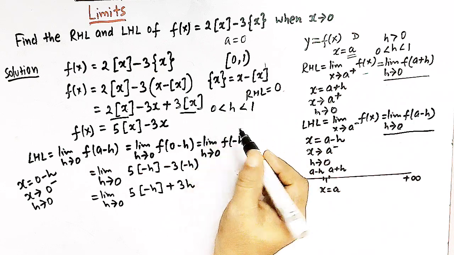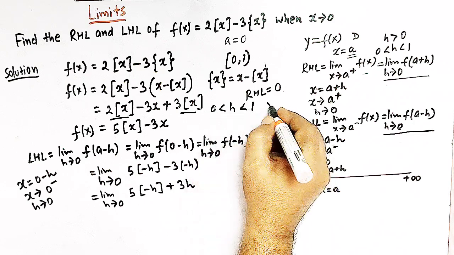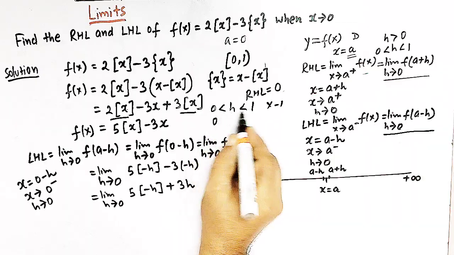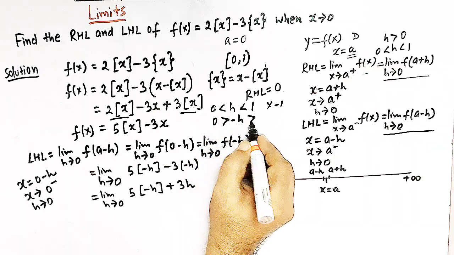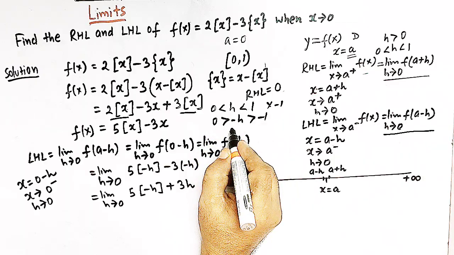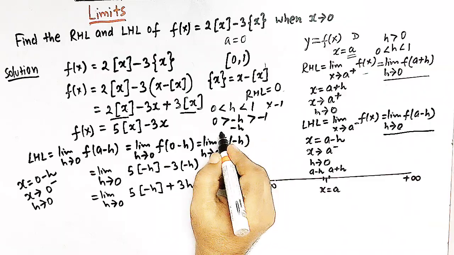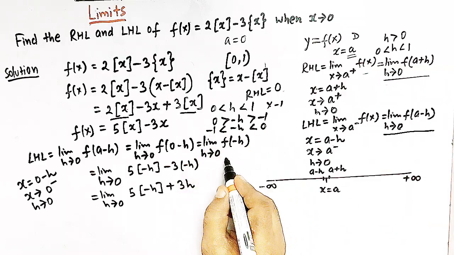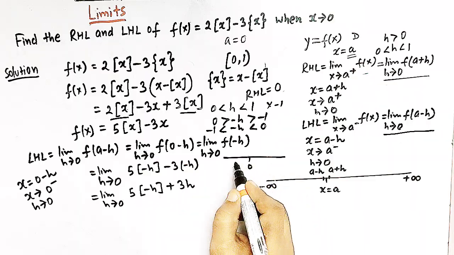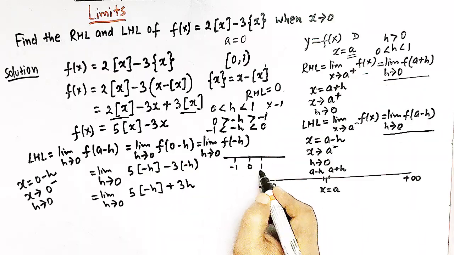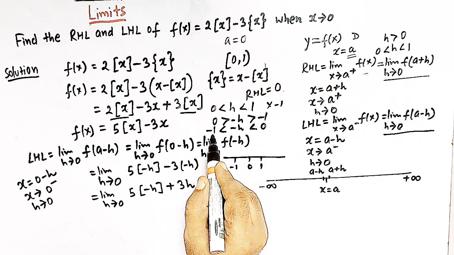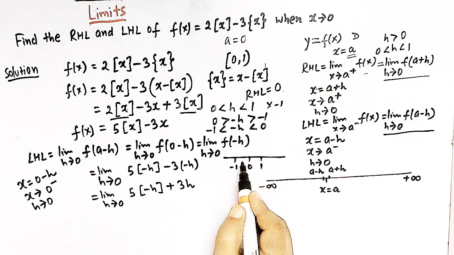If we multiply this inequality by -1, the direction of the inequality gets reversed, and we have minus h greater than -1 but less than 0.